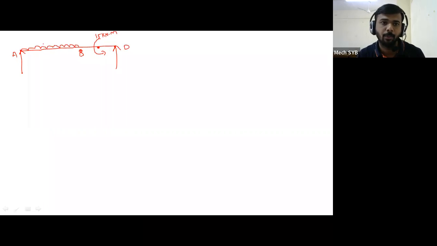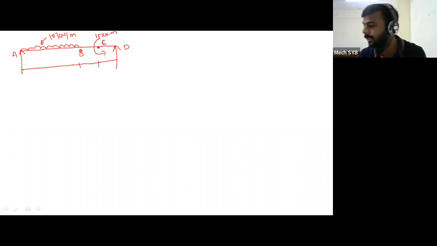The magnitude of UDL is again 10 kilonewton per meter, and these are the distances. So couple point will be the point C. So distance between A to B, it is 5 meter.